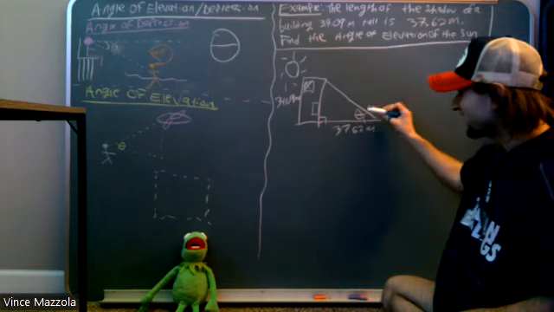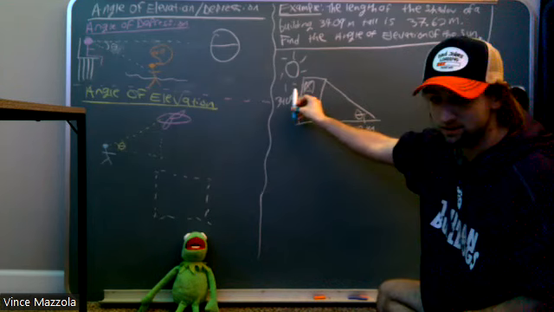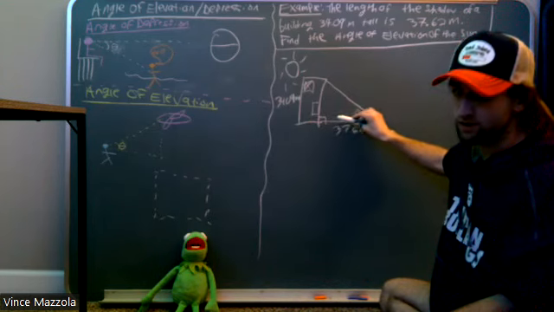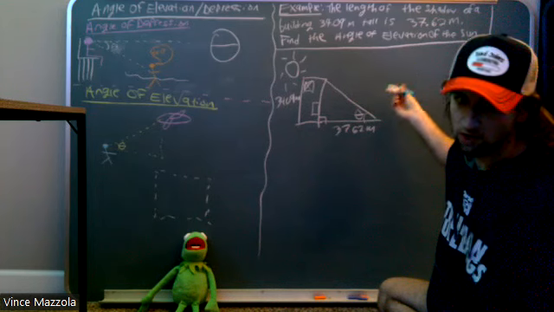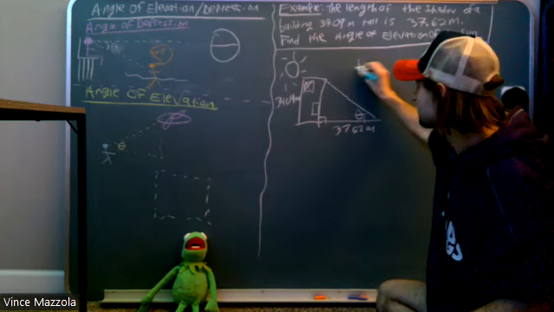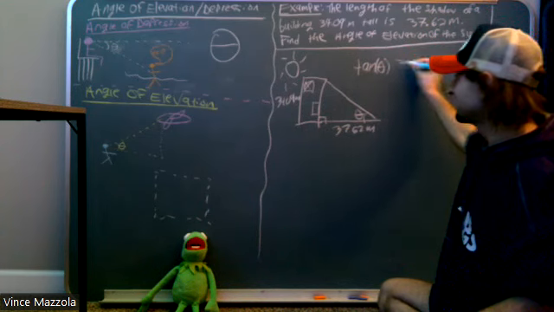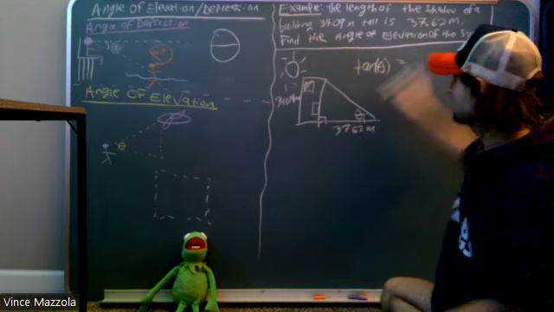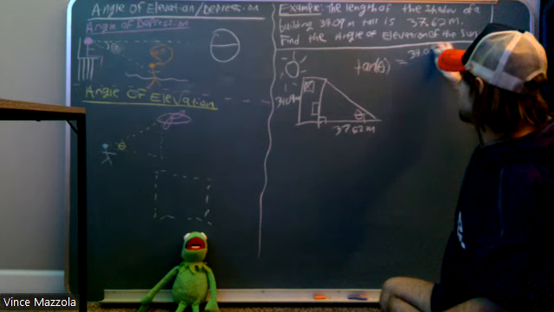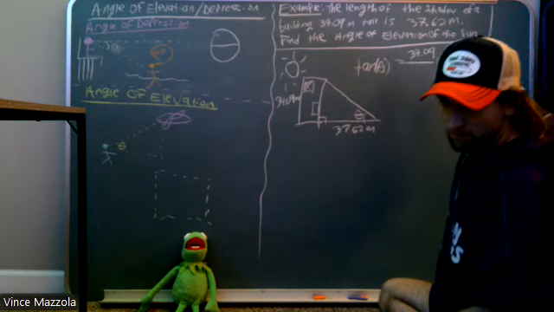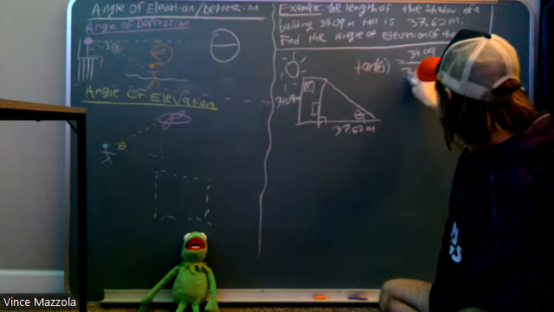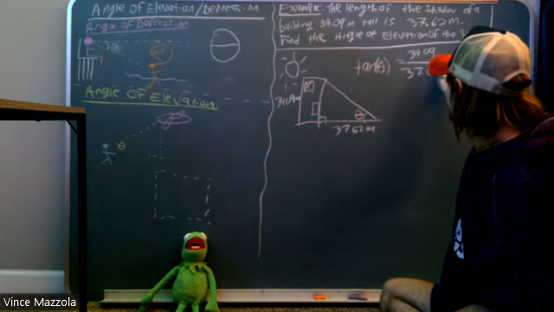Based on this angle right here, it looks like we have the opposite side, and we also have the adjacent side. So doing the SOH-CAH-TOA method, we know that tangent would be the one we want. So tangent of this angle theta is the opposite side, being 34.09, divided by the adjacent side, 37.62.